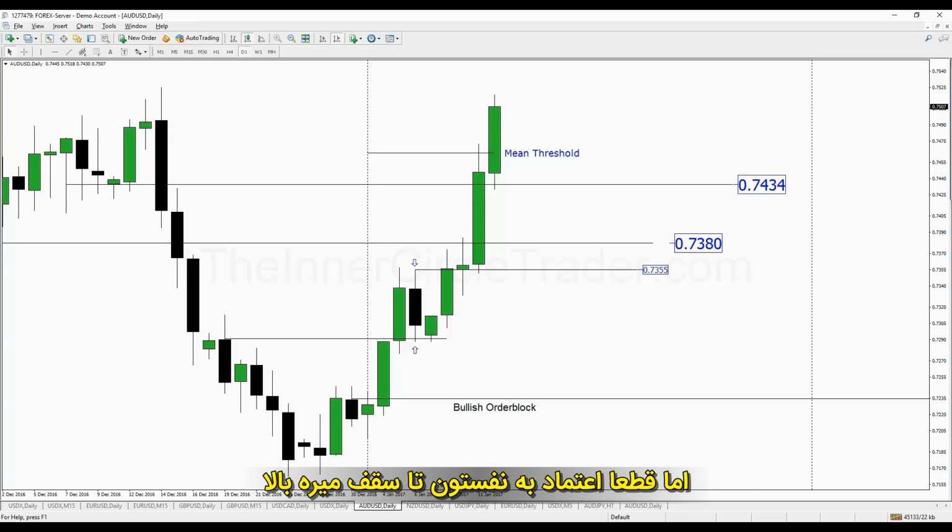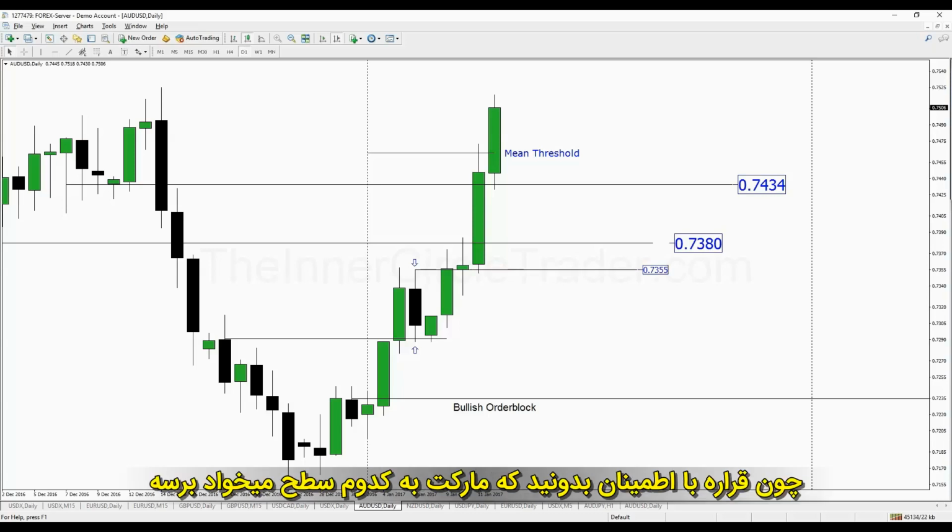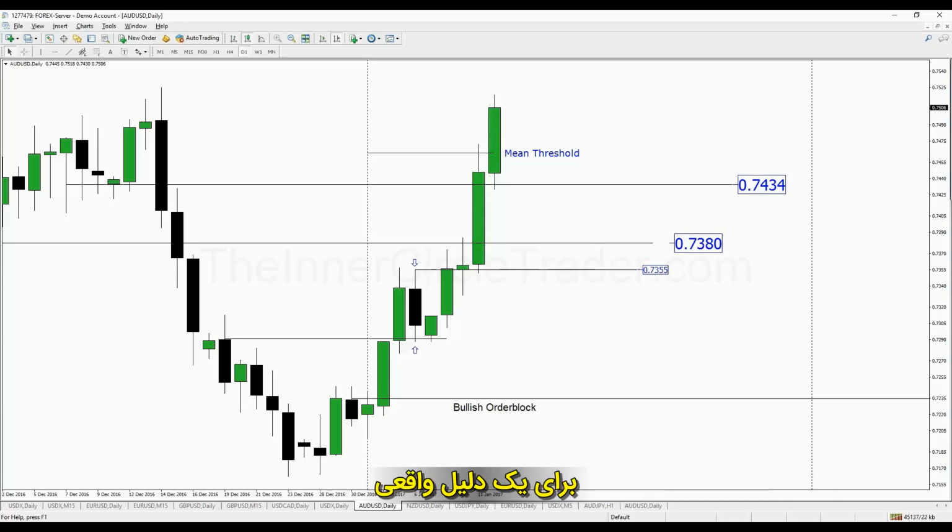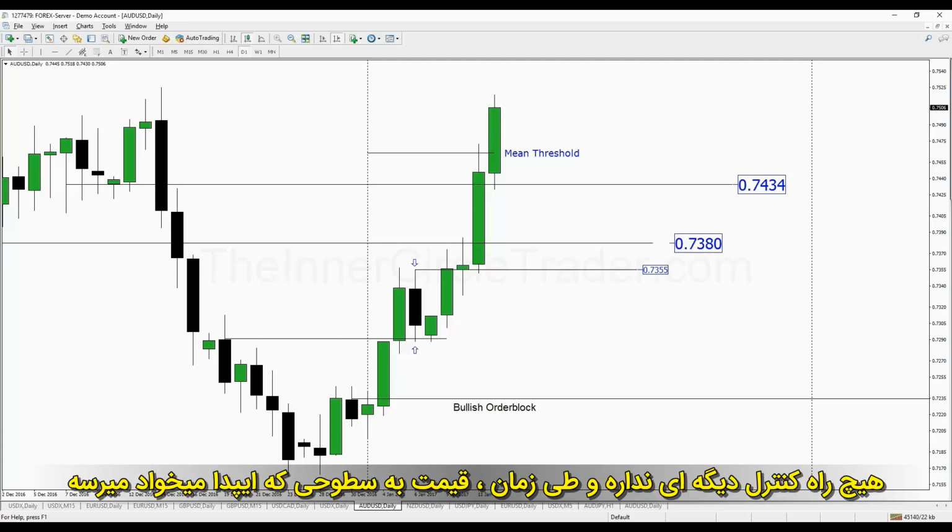But you definitely will have a level of confidence that goes through the roof, because you're going to know with a great deal of trust that the market is trying to get to a level for a real reason. And it's being manipulated. It's being controlled. It's being driven there. It has no other way of operating except for over time, price will agree on a level that's arrived at what IPDA is seeking.